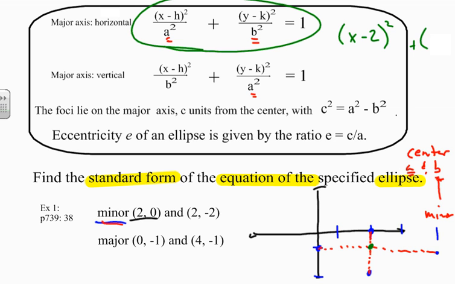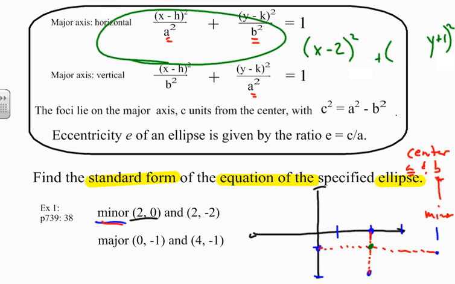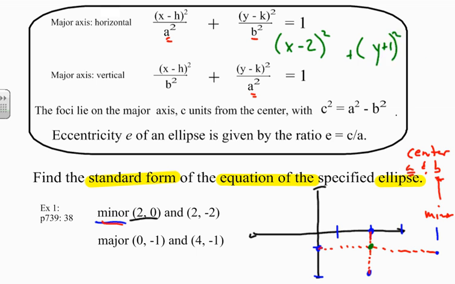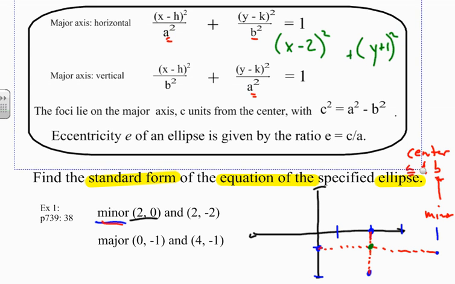Then our y value is going to be negative 1, so it'll be y plus 1, that quantity squared. I'm running out of room, so I'll just put that over here.